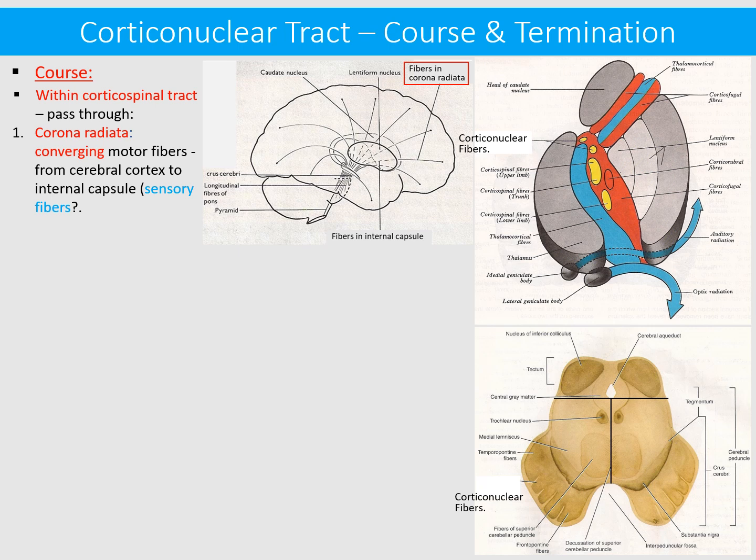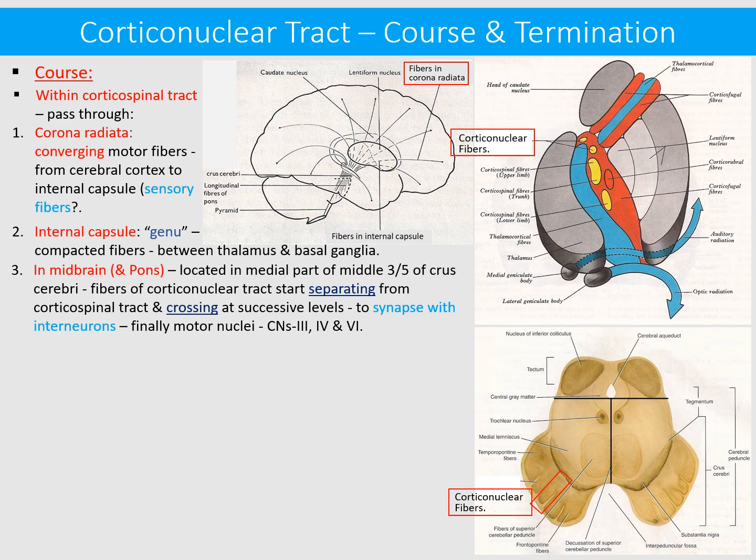Sensory fibers pass in the opposite direction and diverge to access the cerebral cortex. Number 2, the fibers become compacted in the internal capsule, which lies between thalamus and basal ganglia, and the fibers are located in the genu part of the capsule.